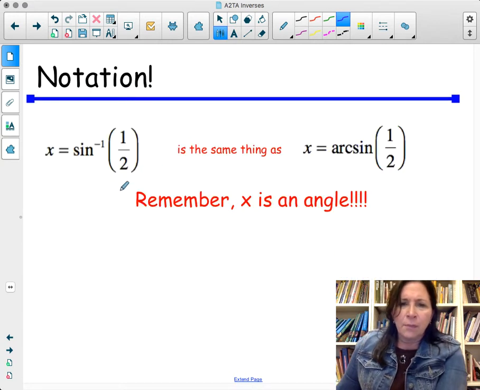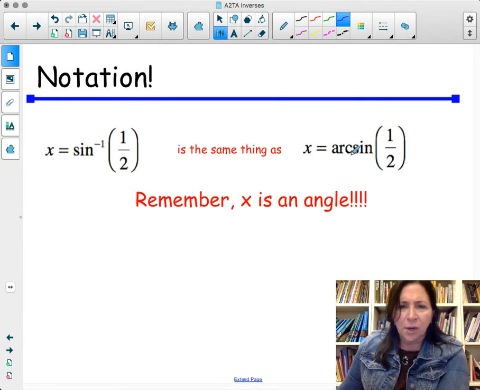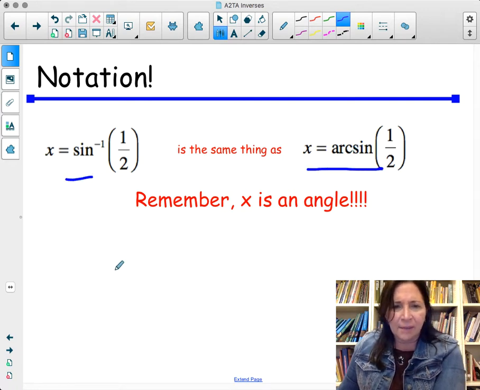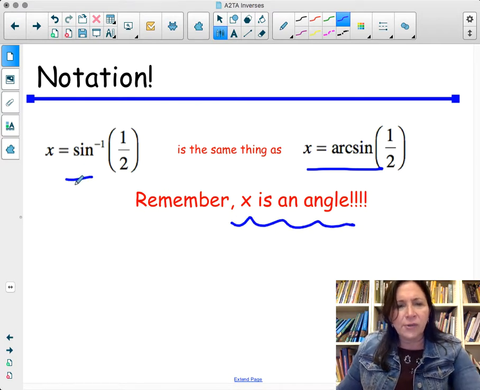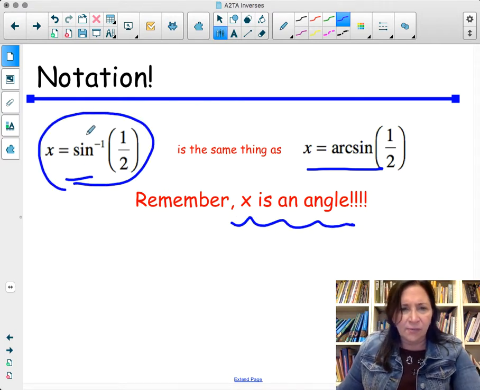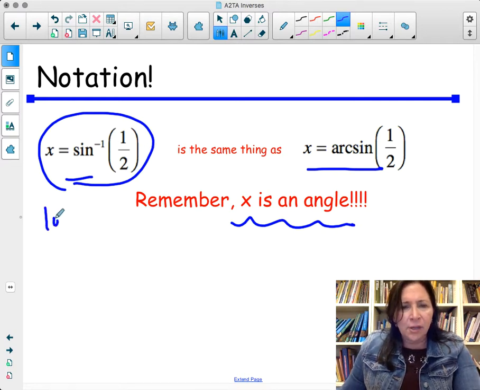So we do have some notation. I write arc sine like that. Remember that x is an angle. Whenever you see something like this, and it says arc sine of that value, I am looking for an angle. I'm looking for where my sine is 1/2, so I'm looking for an angle.